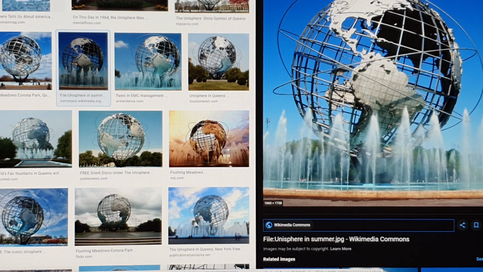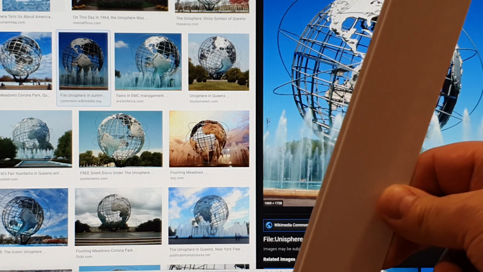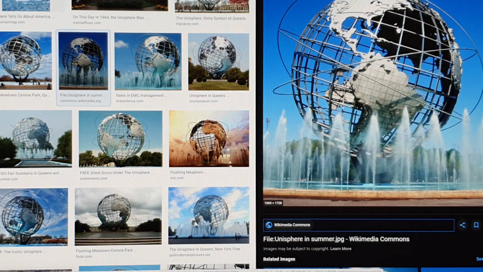What we see here is, if I put that there, a proper world map. Obviously, you wouldn't use it for navigating the world, but as a representation of the world, it's pretty good. So it's as it should be.